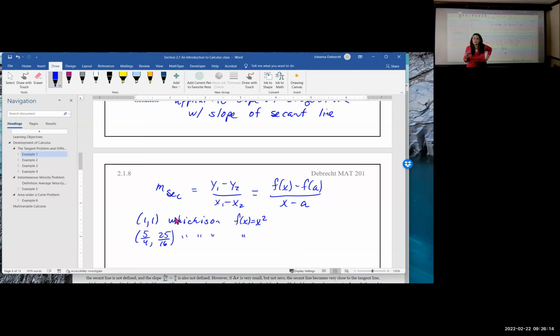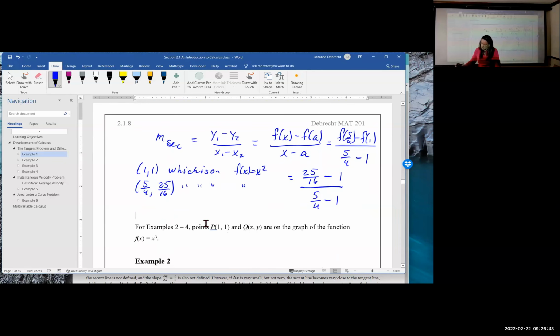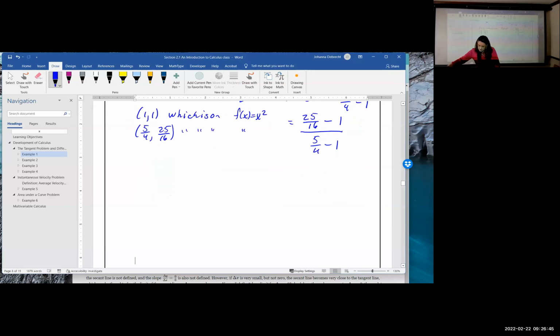All right, so we've taken 2 points on the graph and we want to find the slope of the secant line connecting them. So we're going to take f of 5 fourths minus f of 1 over 5 fourths minus 1. F of 5 fourths is 25 sixteenths minus f of 1 is 1 over 5 fourths minus 1. I need more space.